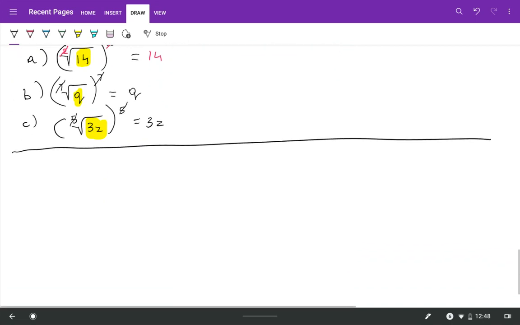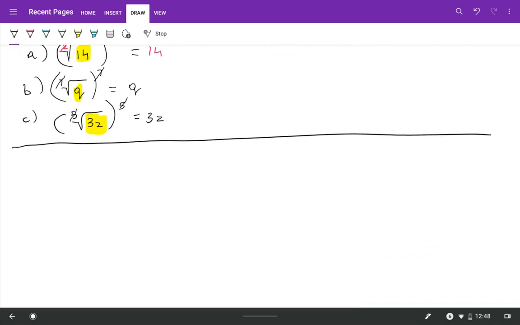Okay, we're going to talk about special case products. Special case products. So this is the one we're going to call perfect square trinomials.